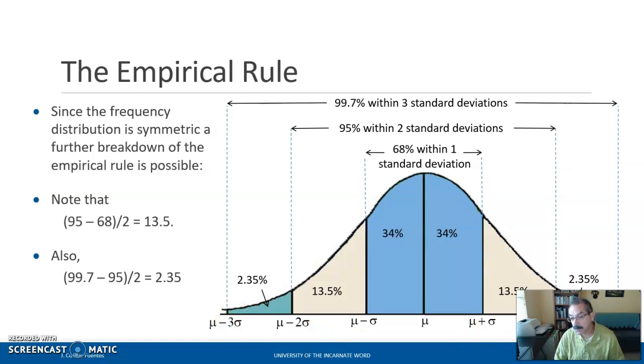And 2.35% of the data is going to be between 2 standard deviations above the mean and 3 standard deviations above the mean. So this breakdown can help you to find even more fine detail of the proportion of data within ranges of standard deviations.